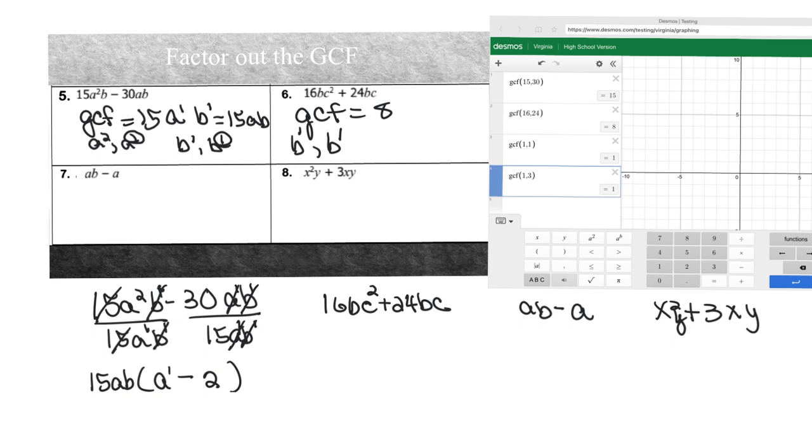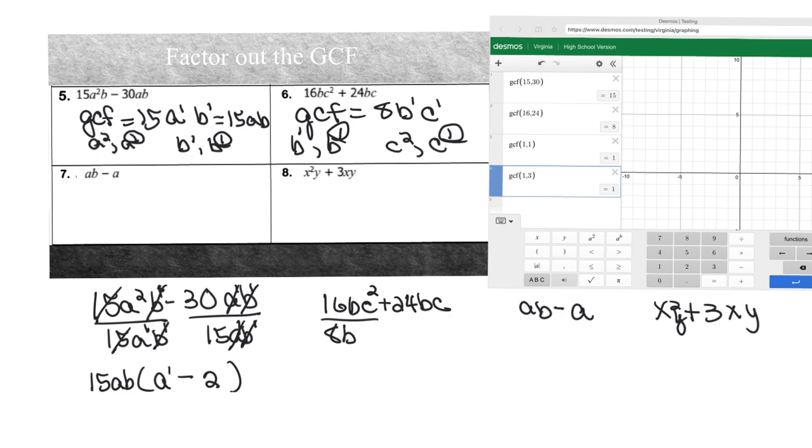Therefore, I pick the smallest degree of b, which is the same, so it's just going to be 1. And I have a c to the second and a c to the first. I pick the smallest degree of c, which is 1. So my GCF is 8bc.